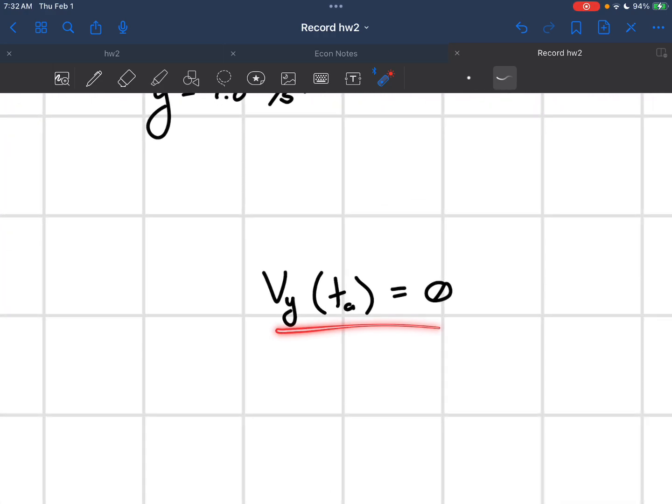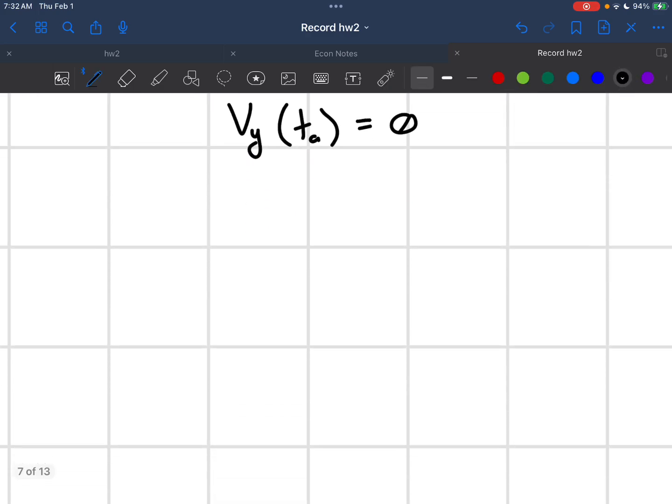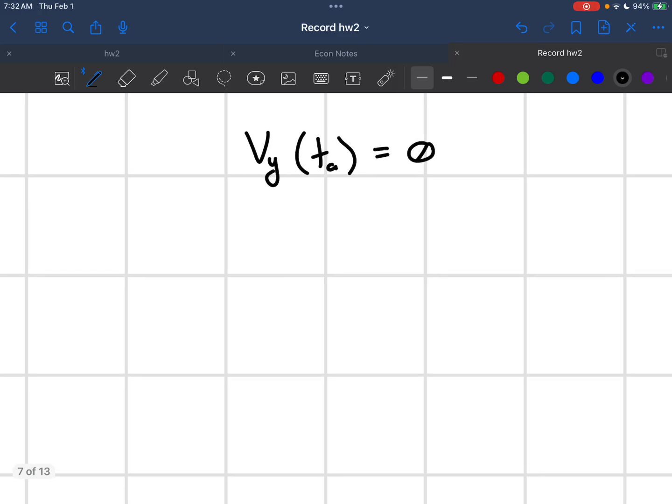Vy of t equals 0. And that also brings up another interesting point: since my y velocity is 0, my net velocity vector, my v, will only have an x component.